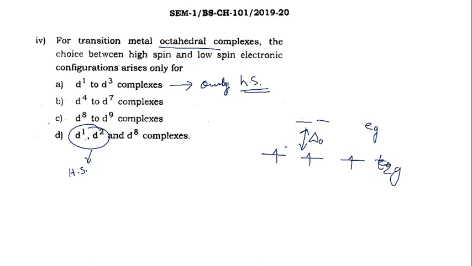So from d4 to d7 you have the choice between high spin and low spin configuration. Once d7 is there, the next is d8 configuration. Then again there is no choice. This is the only possible configuration for d8, and similar for d9 also. So our answer is B, d4 to d7.